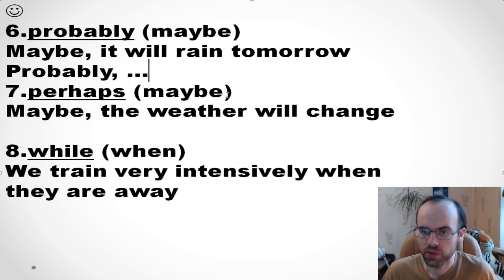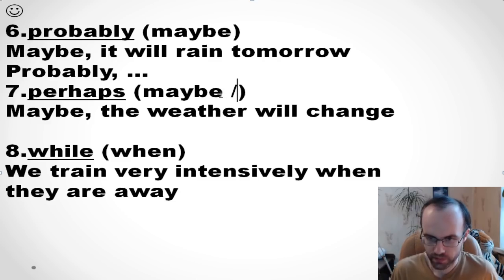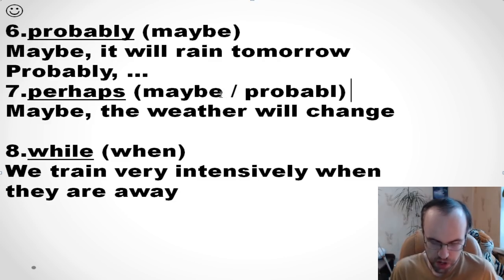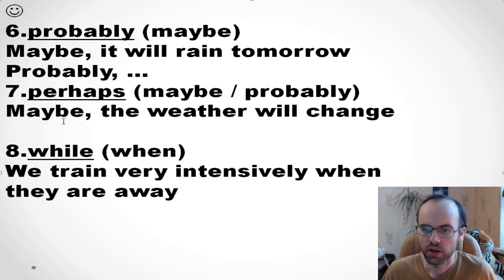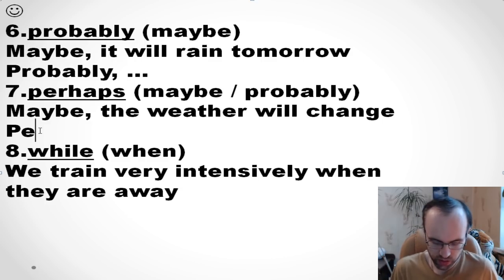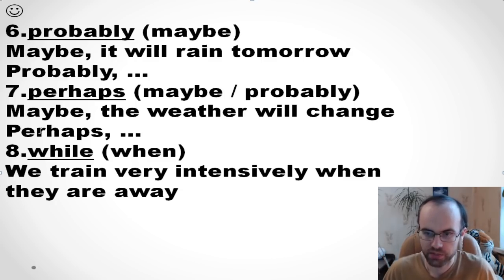It also means maybe or probably. Look, maybe the weather will change. Say it using perhaps. Perhaps the weather will change. Good. Or you can say probably the weather will change.